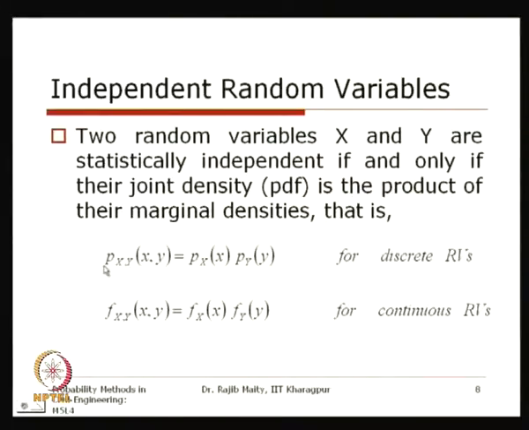That is, P_XY, the joint PMF between X and Y, is equal to P_X, the marginal for X, multiplied by P_Y, the marginal for Y, and this is for the discrete random variable. And for the continuous, the joint density PDF between X and Y is equal to the marginal density of X multiplied by the marginal density of Y. This is for the continuous random variable.